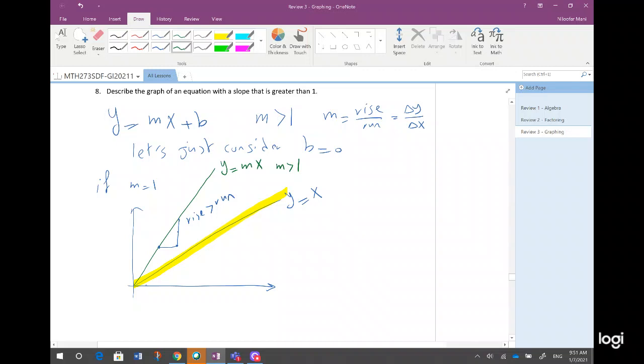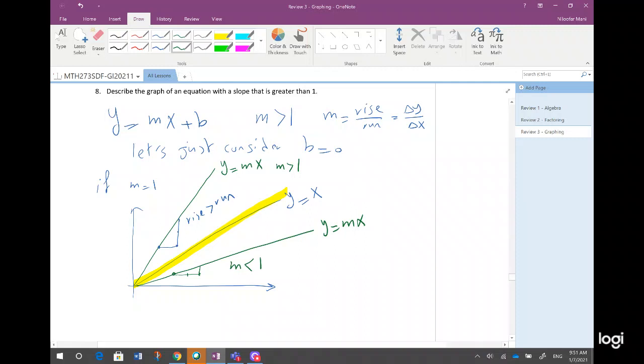See, for example, I start from here, I go 2 units, and I go less up. In this case m is less than 1, so this is y equals mx and m is less than 1. So these questions are kind of just discussion questions.